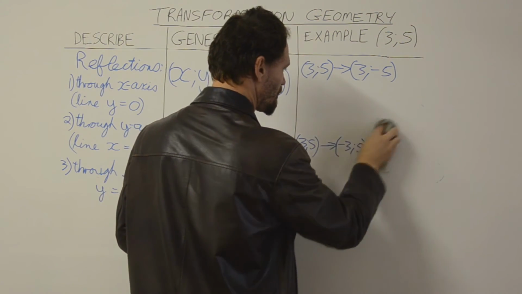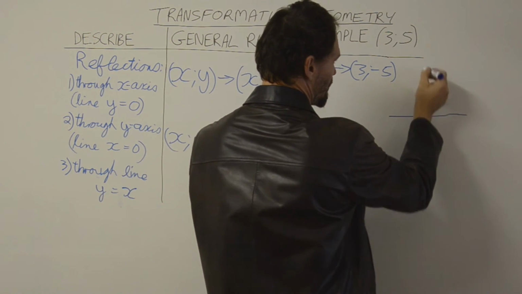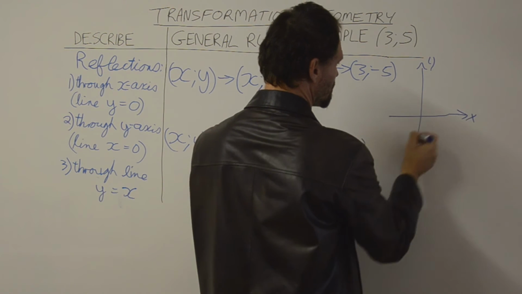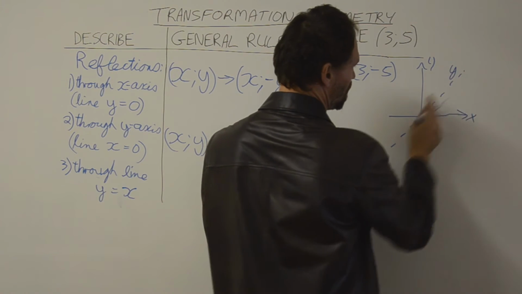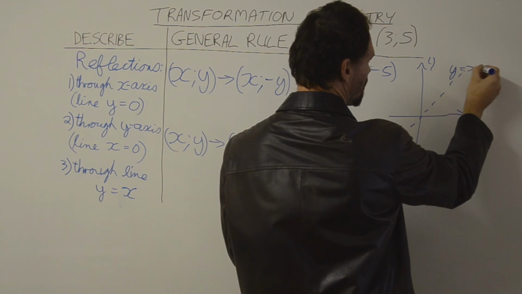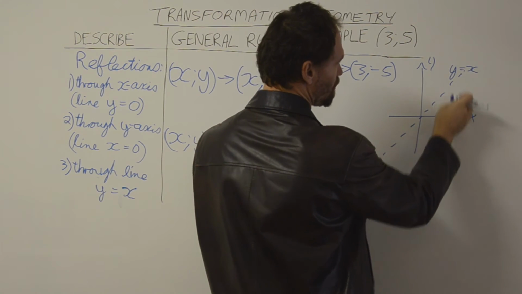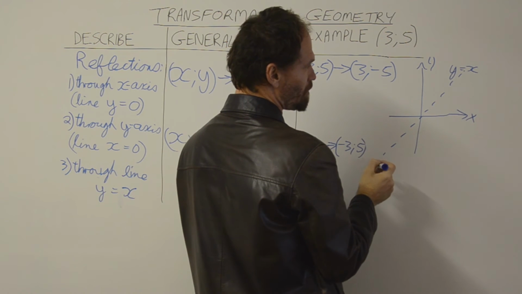My Cartesian plane there, I'm going to redraw it a little further over that way. That's my x-axis, that's my y-axis. I have a line there where all my x and y values are the same. So when x is 1, y is 1. x is 5, y is 5. On that line at an angle of 45 degrees.